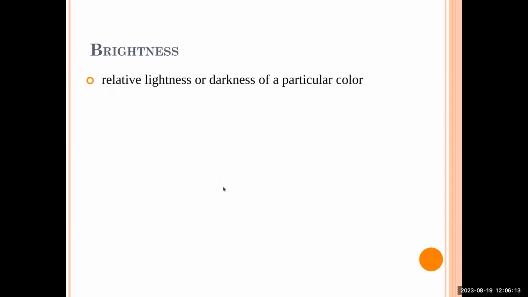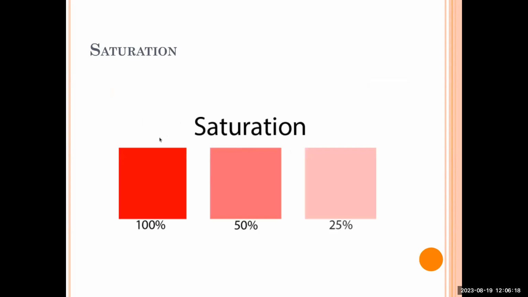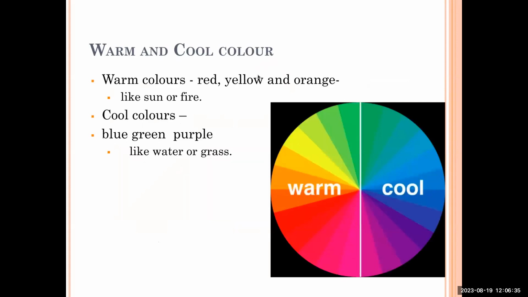Brightness is the relative lightness or darkness of a particular color. Saturation is adding white to this color; earlier one was adding black, and this is adding white. We call it saturation.